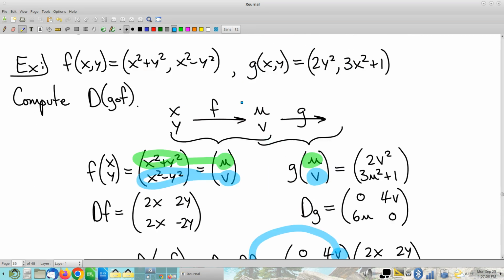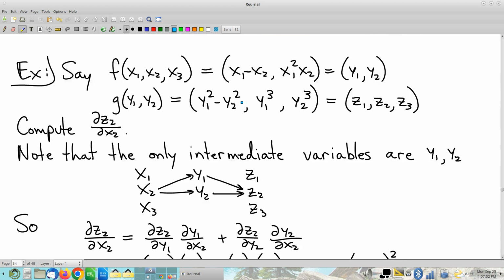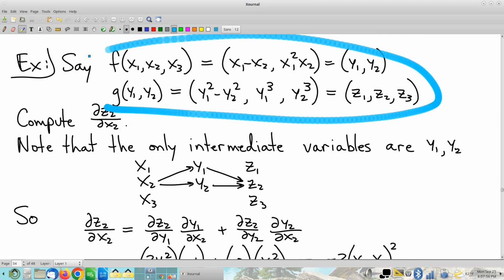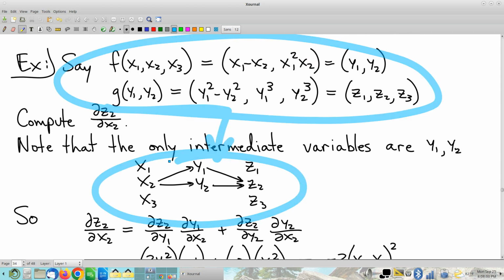So the issue that I'm worried about here is that when you compose a couple of functions, that gives rise to a very special kind of diagram. It gives rise to a diagram where the outputs from the left function are the inputs to the right function.